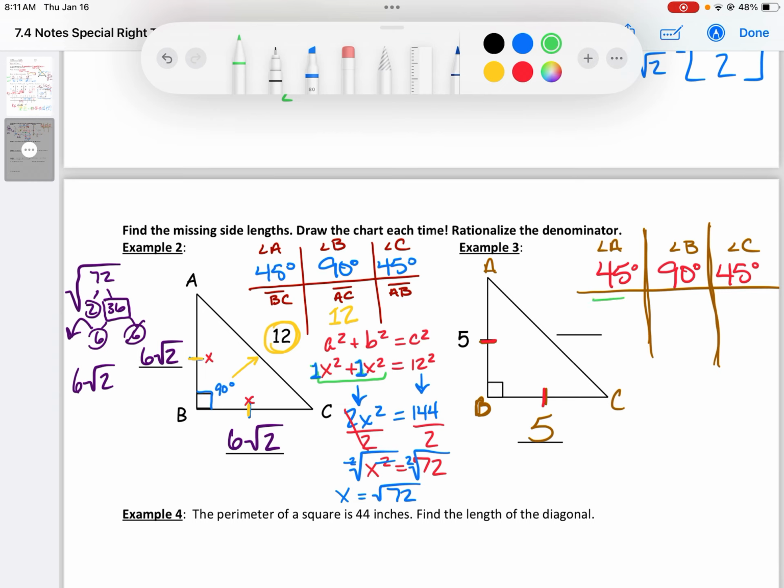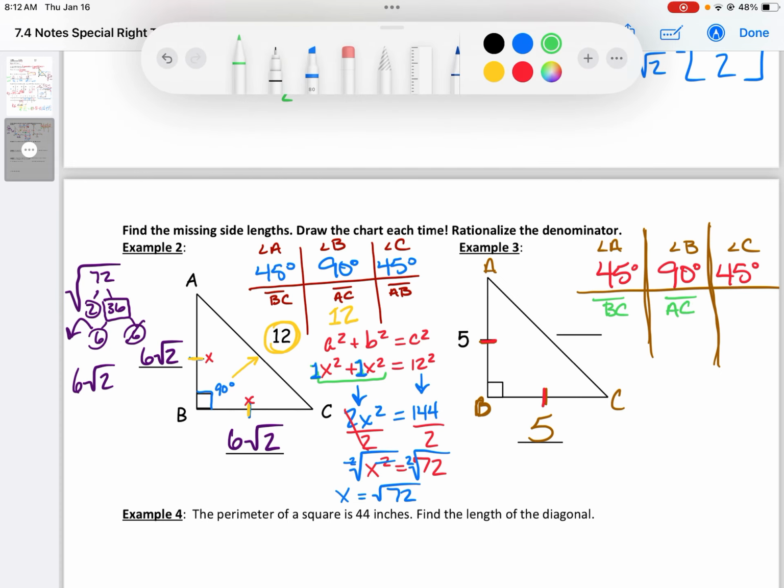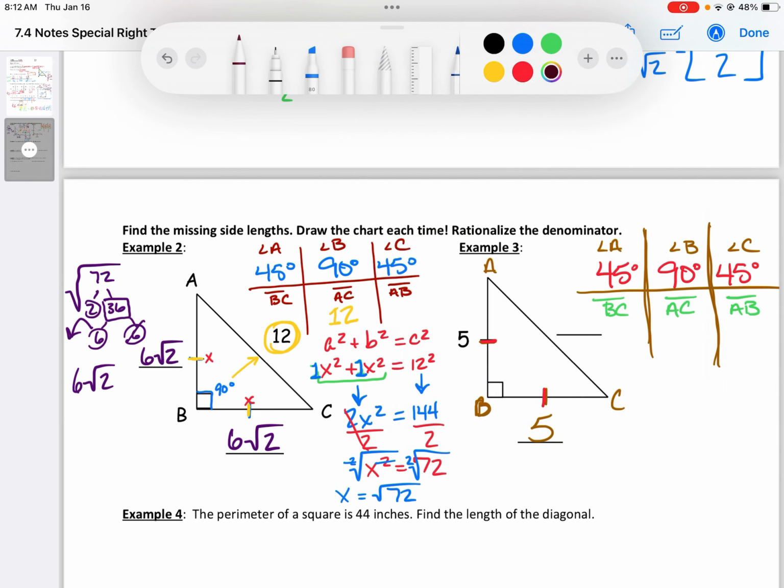And then our sides are BC, AC, and AB. As we're calculating our sides, we have our A and our B, and we're looking for C, our hypotenuse.